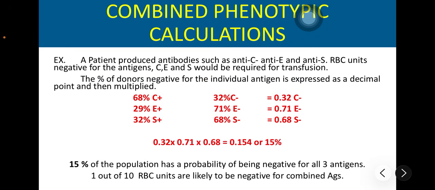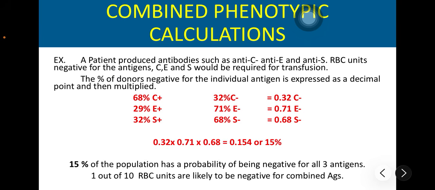So I have here an example. The percentages used are established antigen frequencies and can be found in the AABB technical manual. This individual is in need of blood. If the patient is anemic, then the patient needs packed red blood cells.